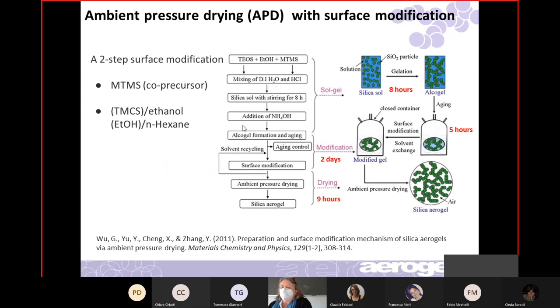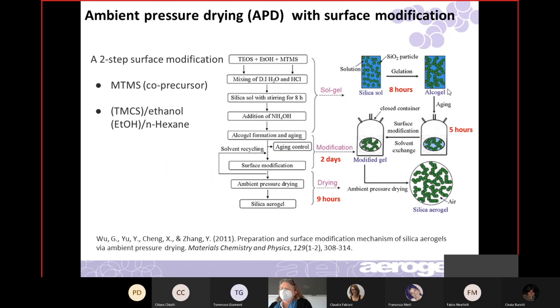And then they form their gel. So here's their silica sol. Right, they got the sol in there in 8 hours. And then they get alkogel, wet gel, alkogel. Mary used both. Sol gel, which is not technically correct.